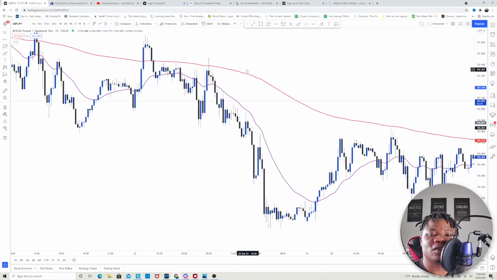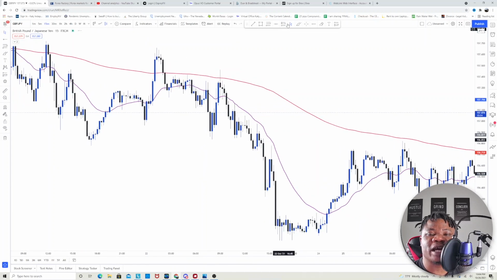Now we need to start looking for a buy position, or we need to wait to see if price is actually still going to come back down, and now we have to wait for a retest, just like we have here. Price was in a downtrend and we had a pullback, and price actually closed above the 200 EMA, and look at what happened. We still have a downtrend.